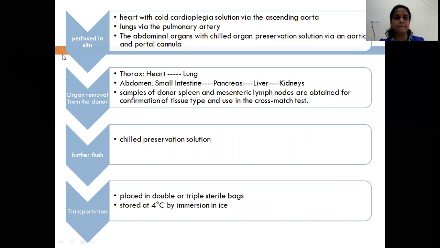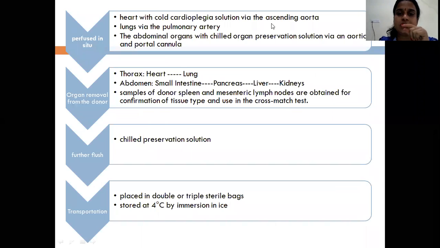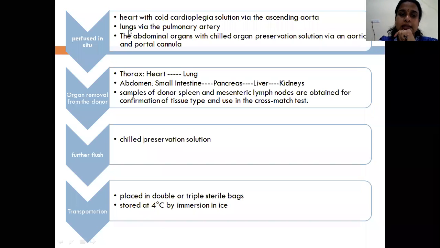So how is that done? There are some solutions. The heart is perfused with a cold cardioplegia solution via the ascending aorta, so the ascending aorta is cannulated here. If the lungs are to be procured, then they are cannulated via the pulmonary artery, and this perfusion solution is injected.